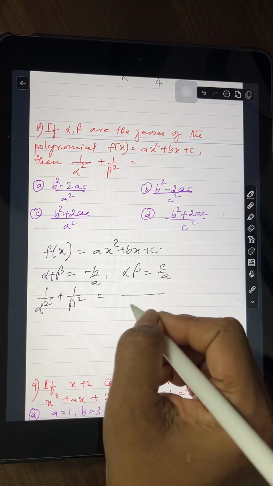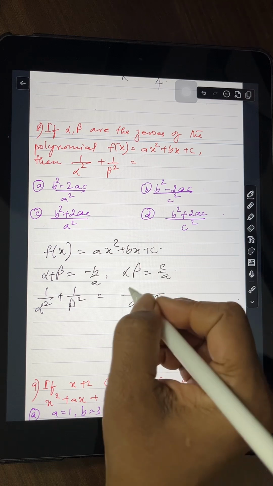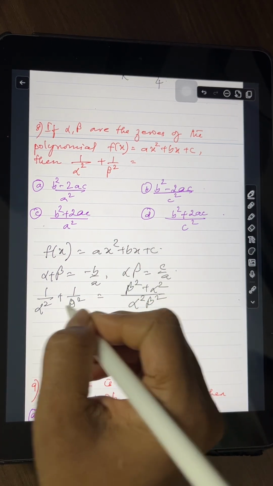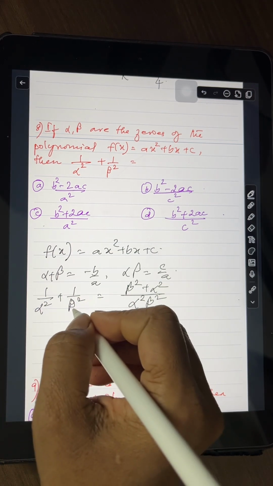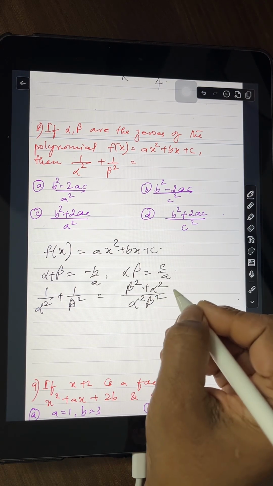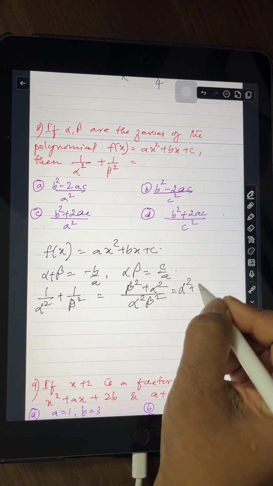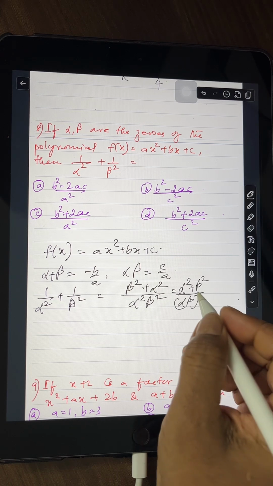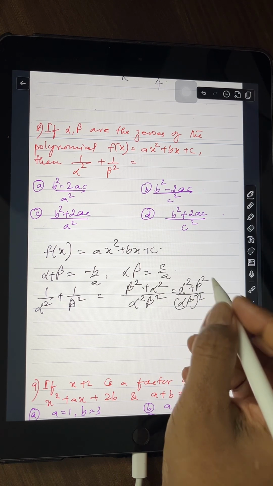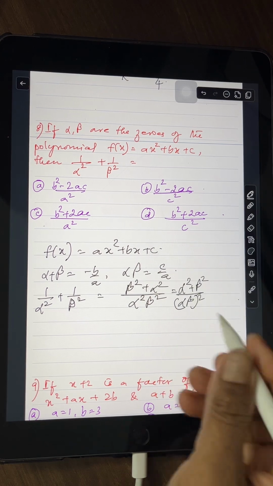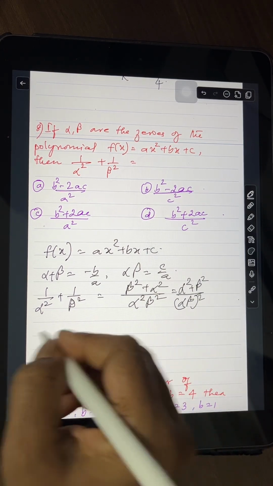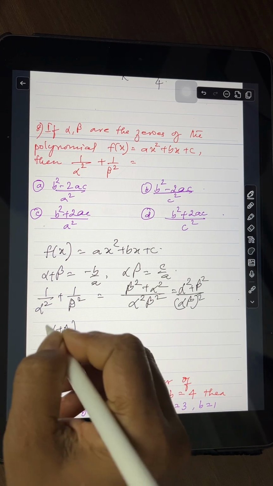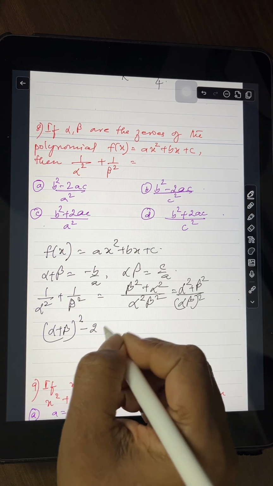So you will have to take LCM. So beta square plus alpha square you get, because here beta is missing, so beta square. Here alpha is missing, so alpha square. So beta square plus alpha square is nothing but alpha square plus beta square you can write, and alpha beta whole square you can write. Now alpha square plus beta square, you don't have any specific formula, but you can change it to alpha plus beta whole square minus 2 alpha beta.